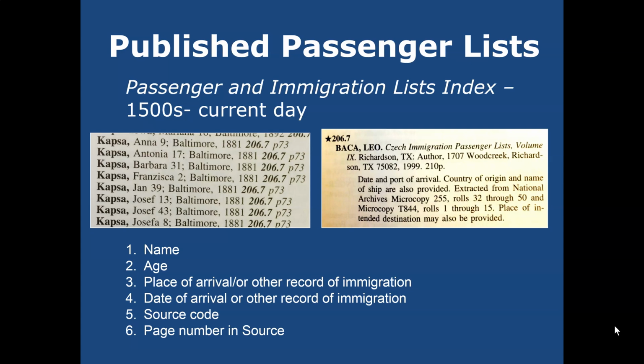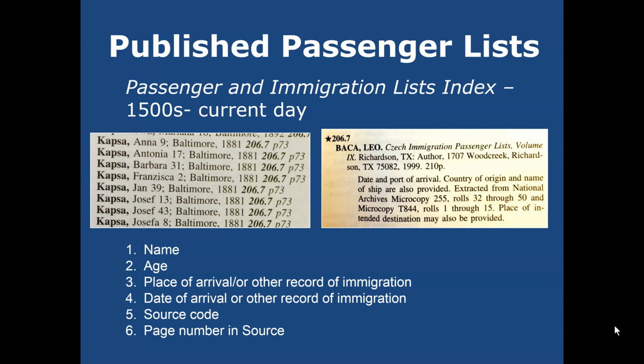So you'll see information like the person's name, their age, the place of arrival or other record of immigration, date of arrival or other record of immigration, a source code, which here is 206.7, and then the page number in the source. And to the right, in the beginning of the book, will be the source details.